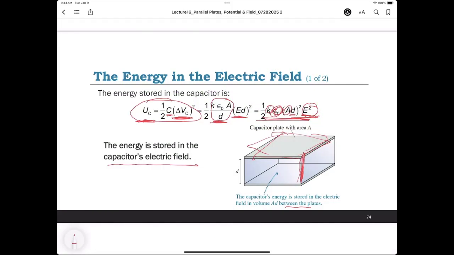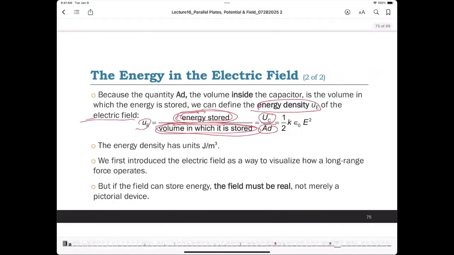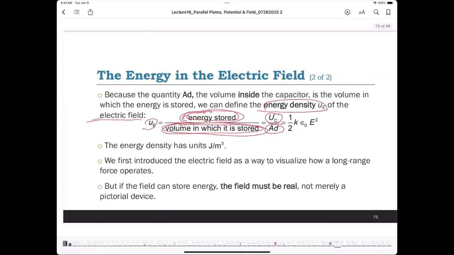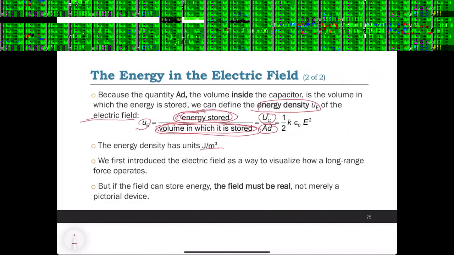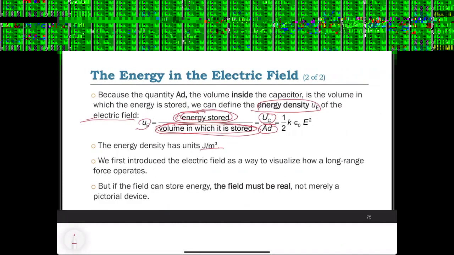Energy density u_E is equal to the energy stored, U_C, divided by the volume in which it is stored, which is AD. A is the area and D is the distance, and multiplied together it is just the volume of this capacitor. Okay. The energy density has units of joules per cubic meter.